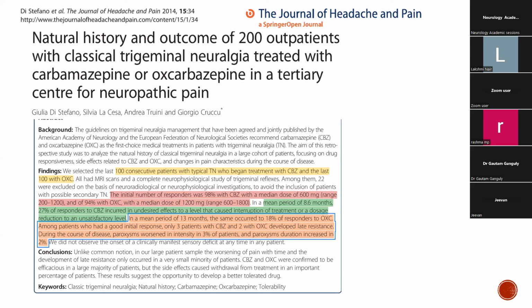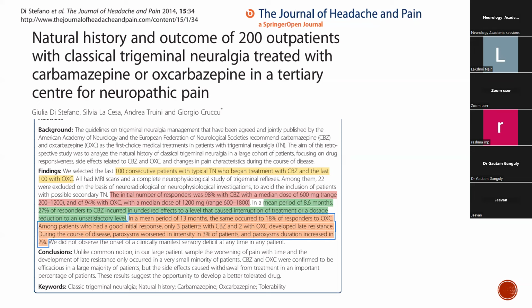This is the study by Stefano et al. They studied the natural history as well as outcome of 200 outpatients with classical trigeminal neuralgia treated with carbamazepine or oxcarbazepine in a tertiary center for neuropathic pain. The initial 100 consecutive patients with typical trigeminal neuralgia began treatment with carbamazepine, and the next 100 with oxcarbazepine.